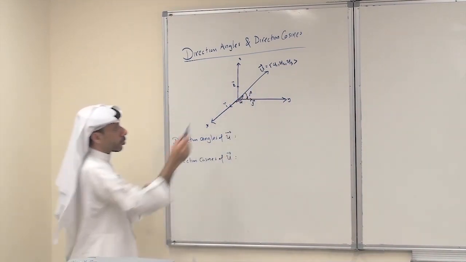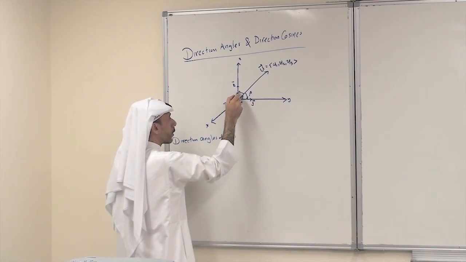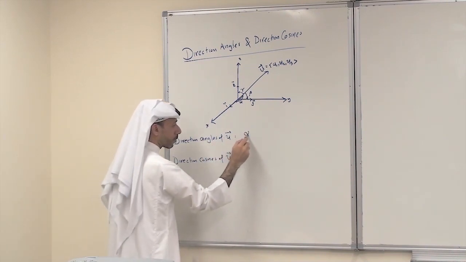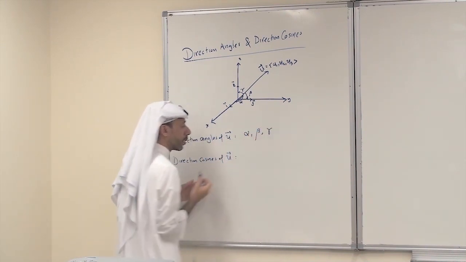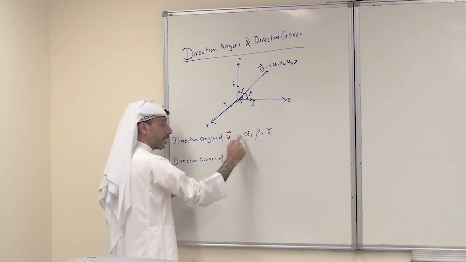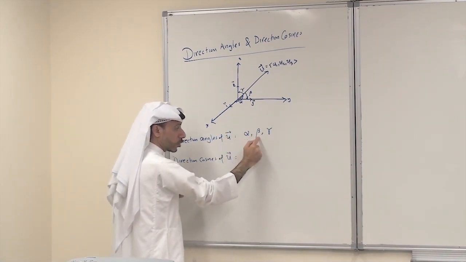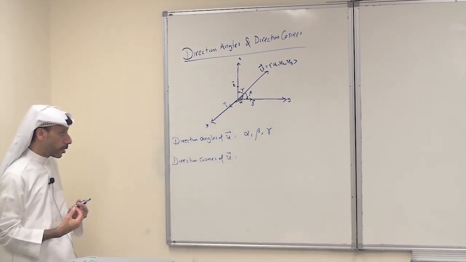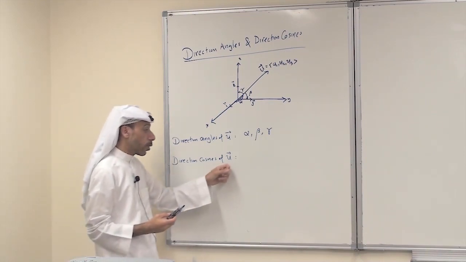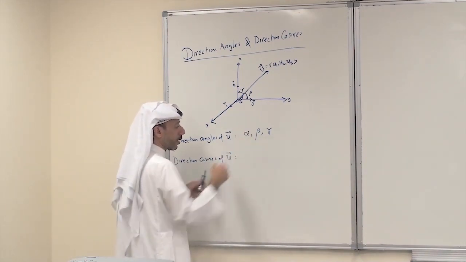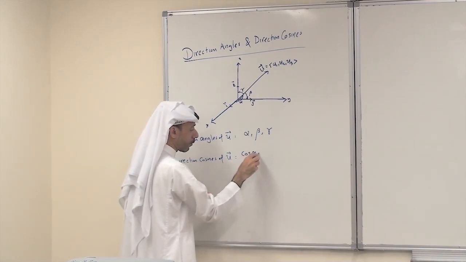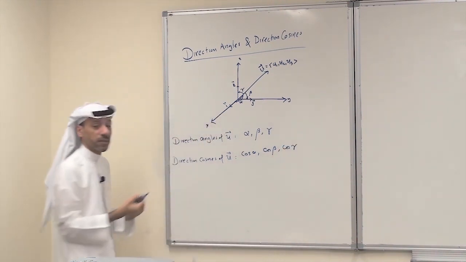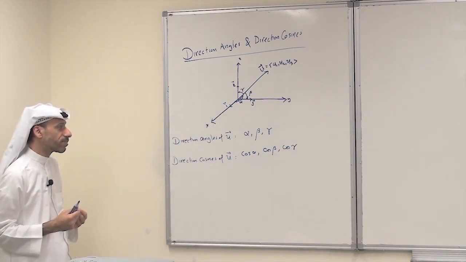The angle between u and k we call gamma. So the direction angles of the vector u are alpha, beta, and gamma. This is the definition of the direction angles of u. The direction cosines of the vector u are the cosines of these angles: cosine alpha, cosine beta, cosine gamma. These 3 numbers are called the direction cosines.